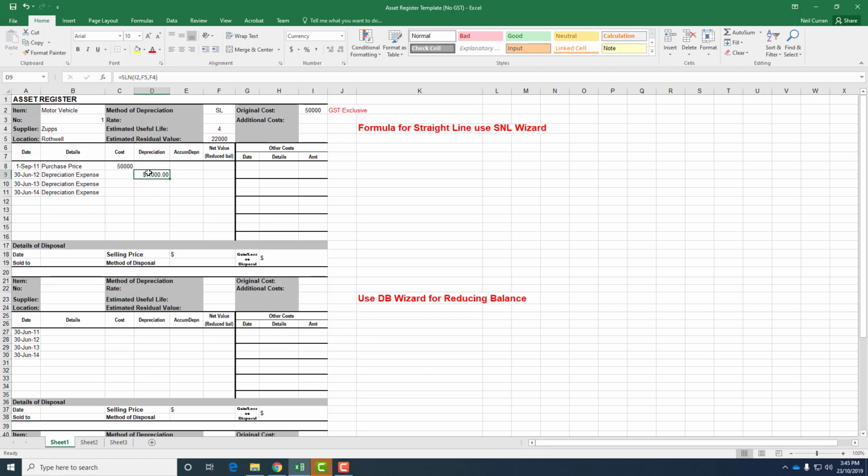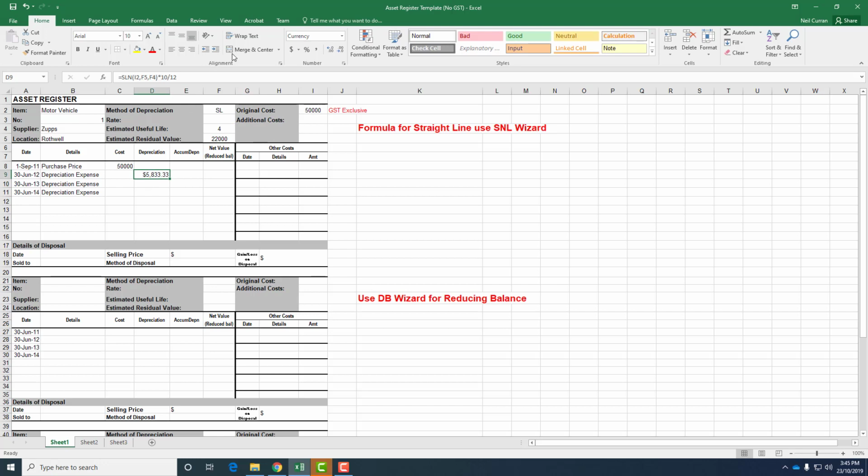Because we bought it in September, we need to prorata that. So within this formula we're going to times it by the amount of months that we actually own it for. So you include September, October, November, December, January, February, March, April, May, June. So that's 10 months, divided by 12.